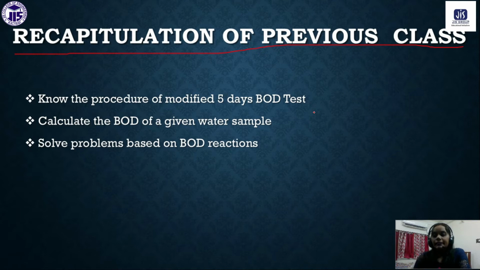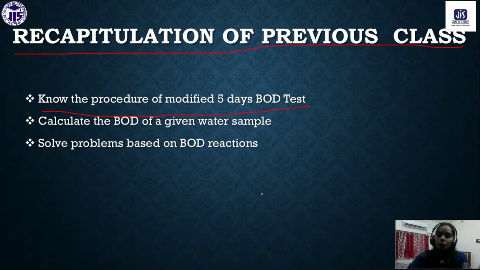We discussed in our previous classes how we can determine the BOD of a wastewater sample, how to solve problems based on the 5-day BOD test, and what the procedures of the 5-day BOD test are. And in my last class we saw the procedure of the modified BOD test.